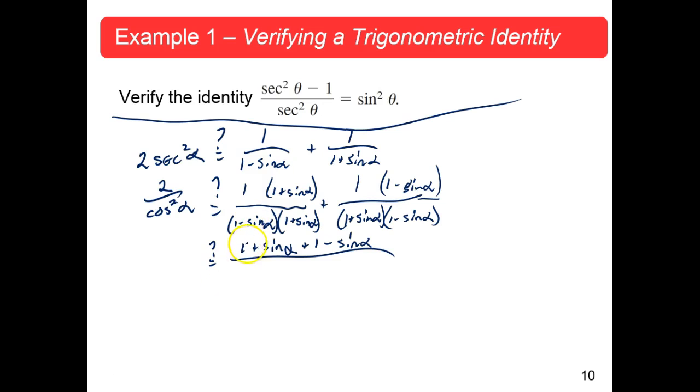It would be 1 plus sine squared, 1 minus sine squared. Okay, because the sum times the difference of the same two entities gives the difference of their squares. Sums of squares you can never factor.